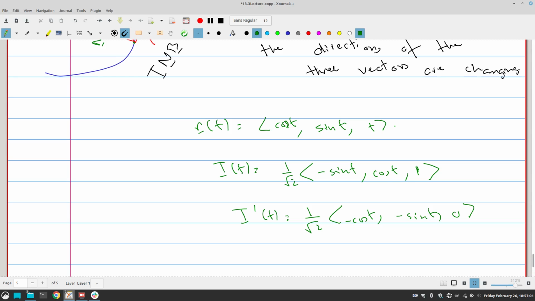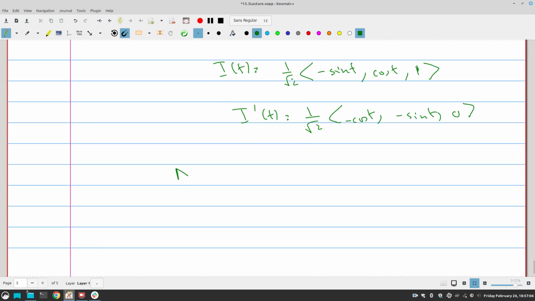So N of t equals T prime at t divided by the magnitude of T prime at t, and this is going to be equal to negative cosine t, negative sine t, and 0. These are the three components of N of t.